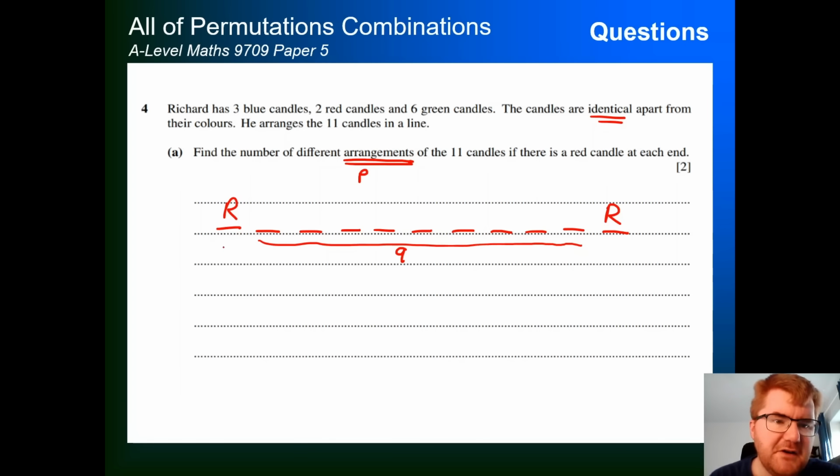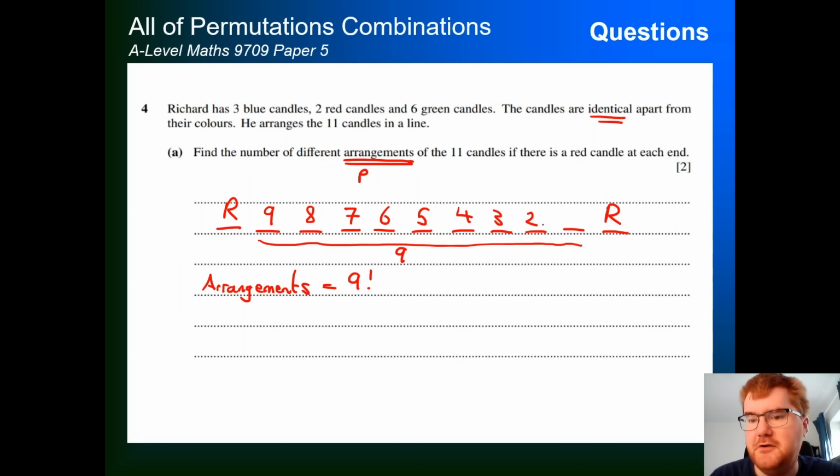So to find the arrangements, we'll use arrangements equals, well, we have 9 slots, so we're going to write 9 factorial, as in we can have 9 different ones in here, 8 different ones in here, 7 different ones in here, and you see this idea, 4, 3, 2, 1. To work out the different arrangements here, we multiply these numbers together, 9 times 8 times 7 times 6 times 5 times 4 times 3 times 2 times 1.